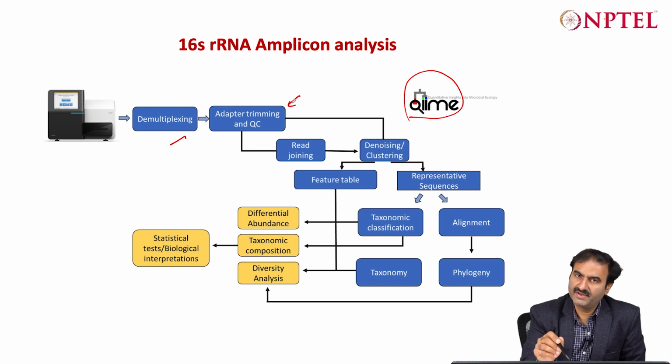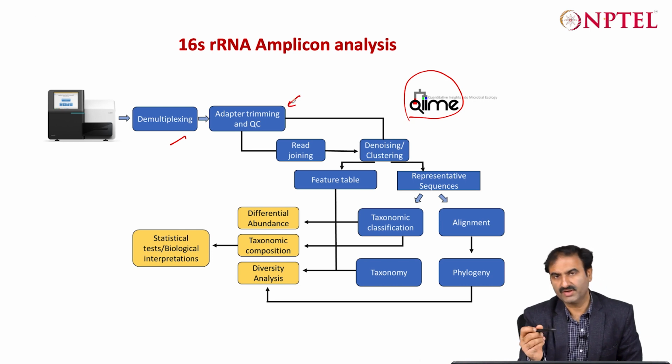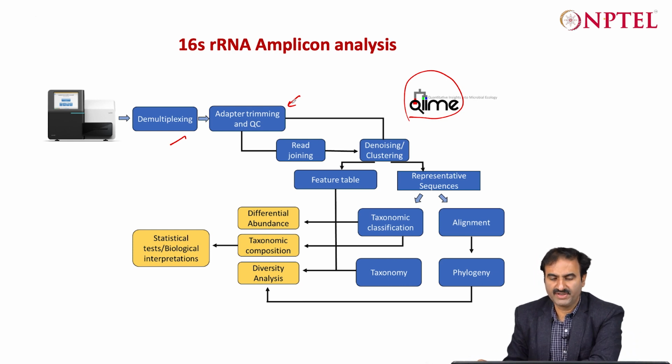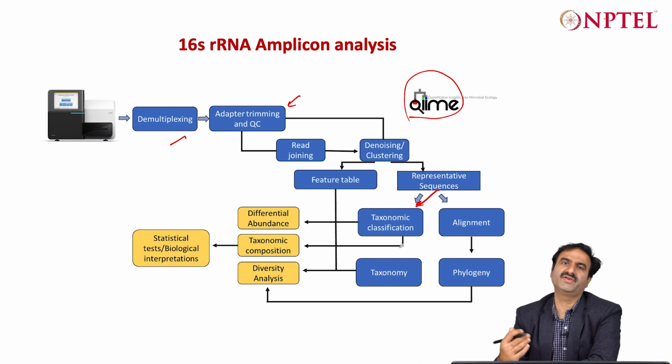Then adapters are removed and QC is done, where you identify the reads which are above a particular threshold in terms of Q30 or Q20 that you are using. Then you remove noise like human contamination or other host contamination, and go for the taxonomic analysis to identify the taxonomy, differential abundance, and other statistical analysis.